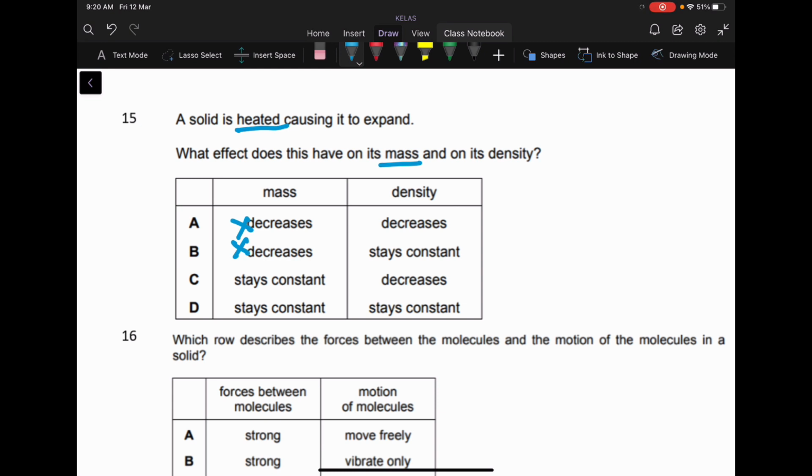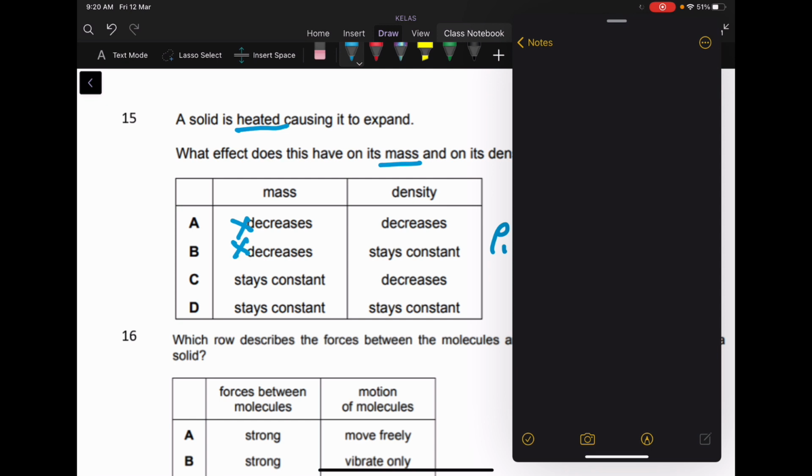So the mass will not change, but the density, when it expands, is the same mass over volume.